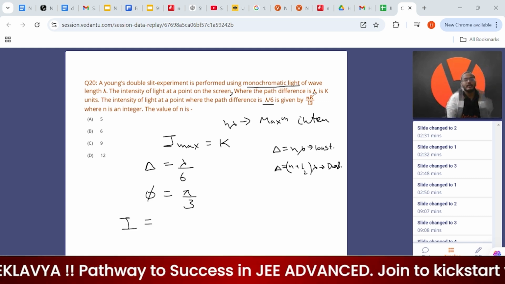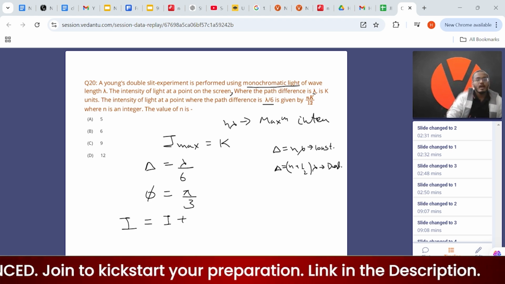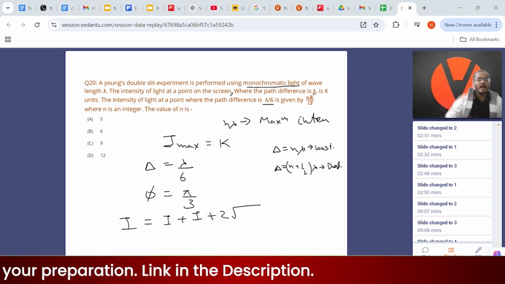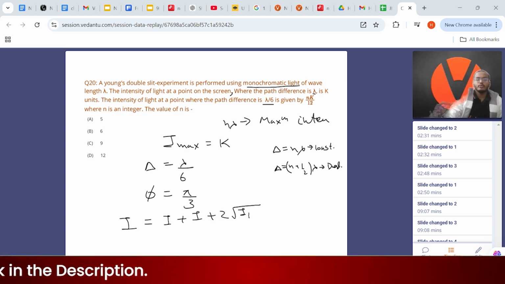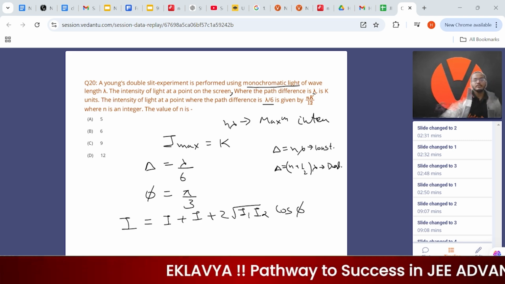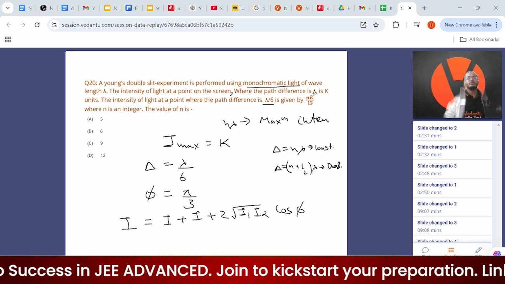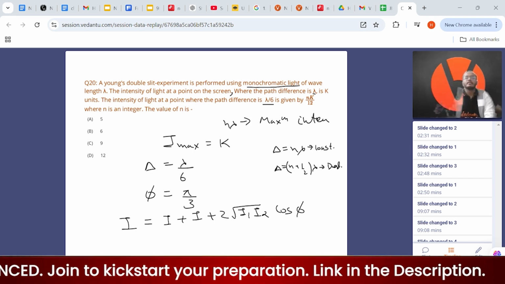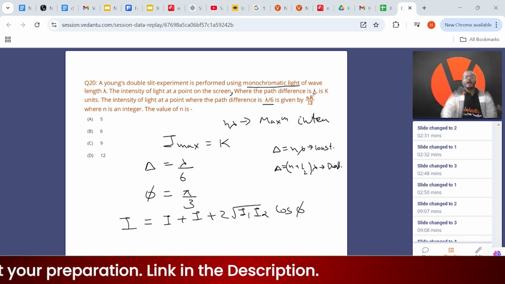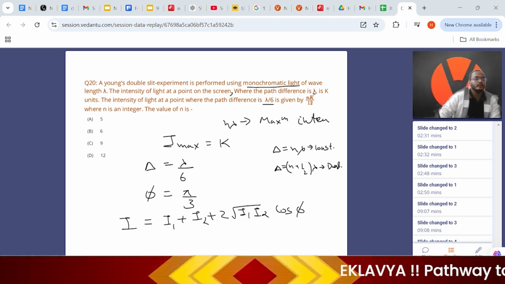So from here I can say that intensity will be equal to I1 plus I2 plus 2 root I1 I2 into cos phi.